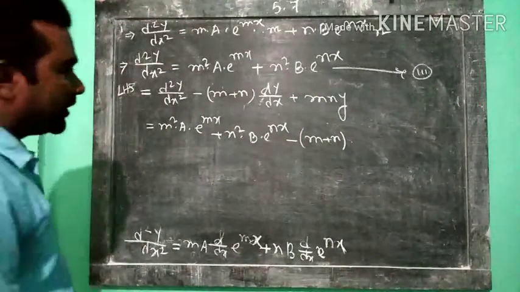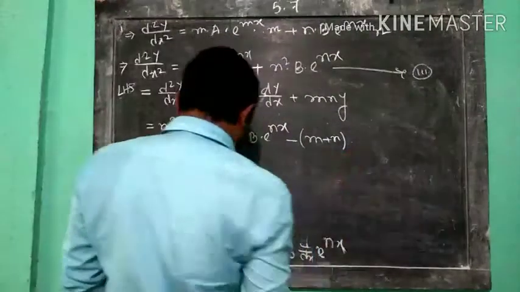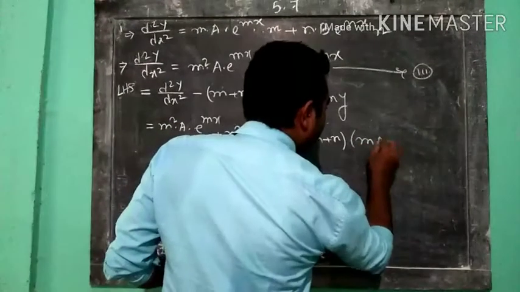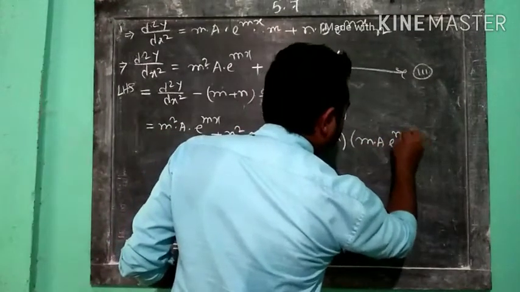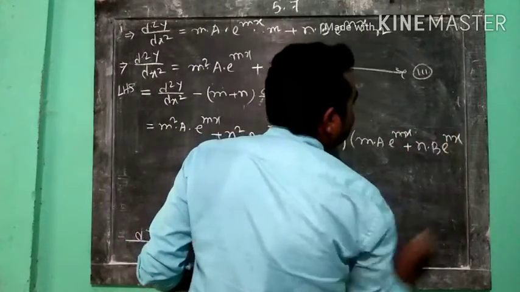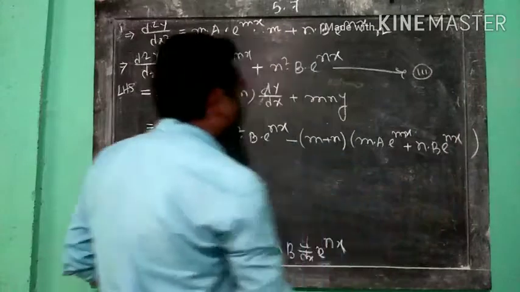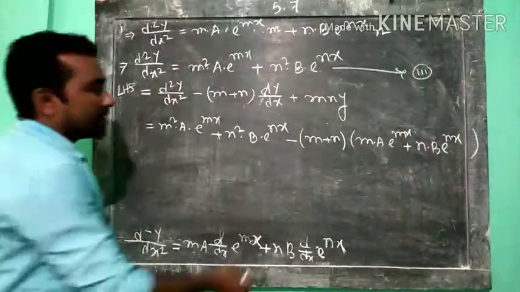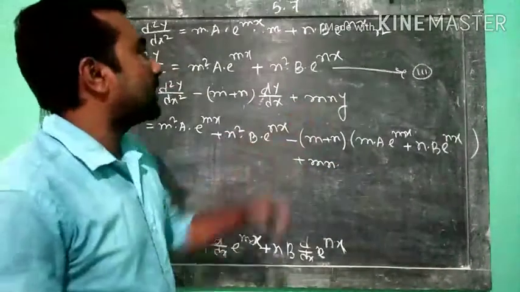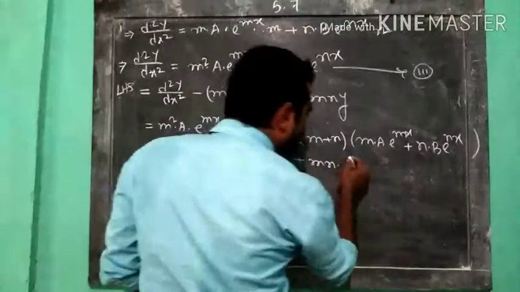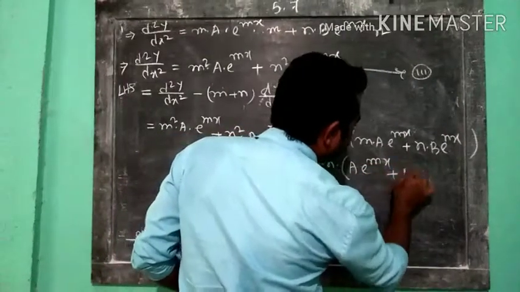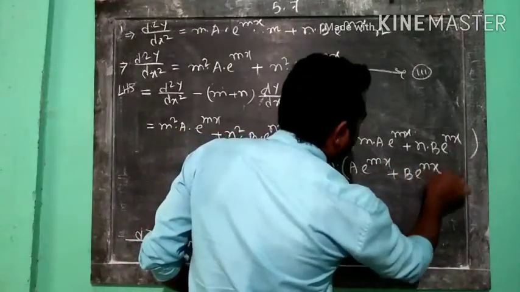What is the value of dy/dx? The value of dy/dx is m a into e to the power mx plus nb into e to the power nx. This is the value of dy/dx, plus mn into y. We know the value of y. What is the value of y? y is a e to the power mx plus b e to the power nx.